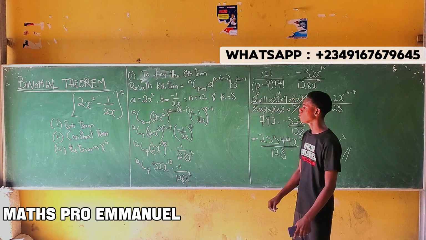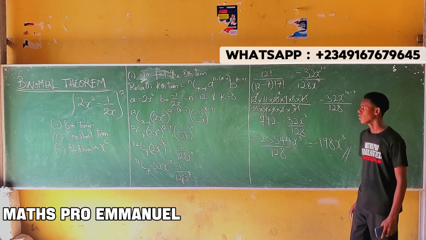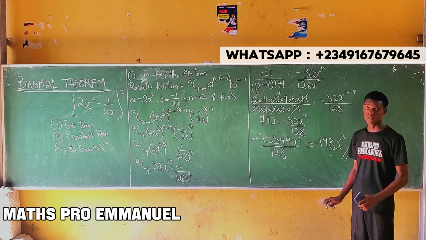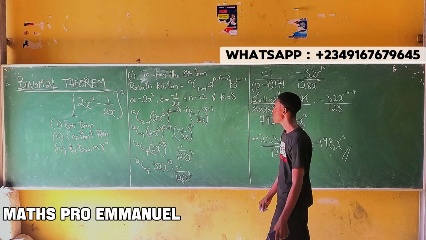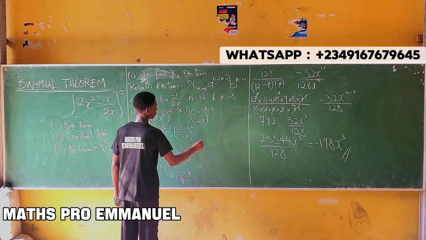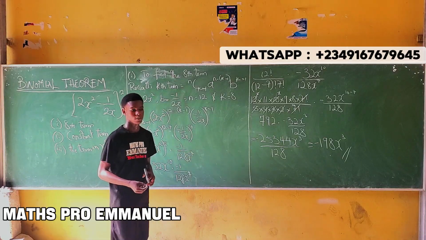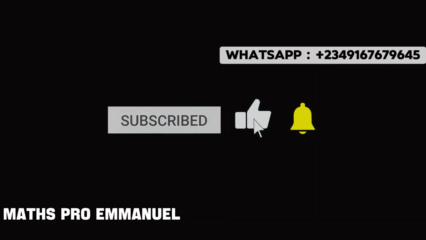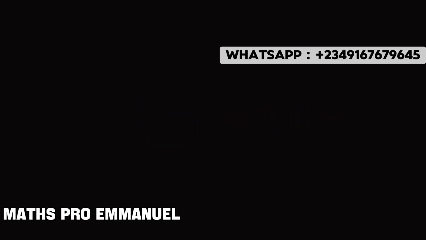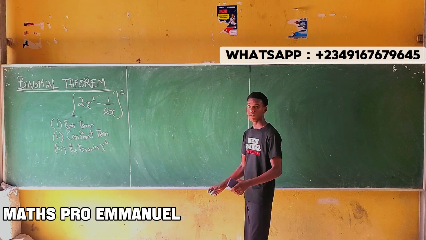The next one is to find the constant term. Now let me brief you on how to find the constant term. Okay, let me clean the board. Now, in finding the constant term, let me brief you on something.